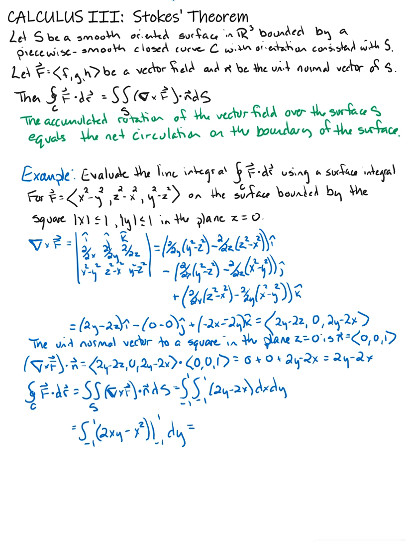Evaluating that at 1 for the x values, we have 2y minus 1 minus negative 2y minus 1.